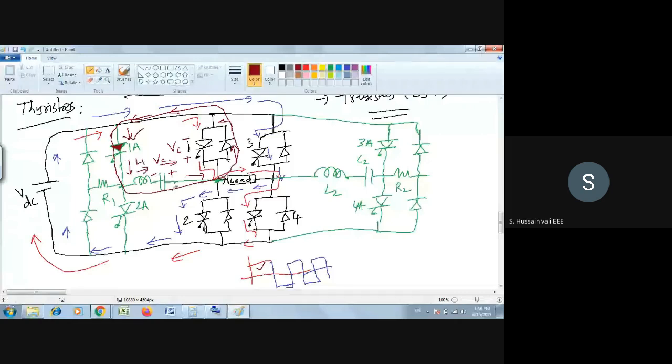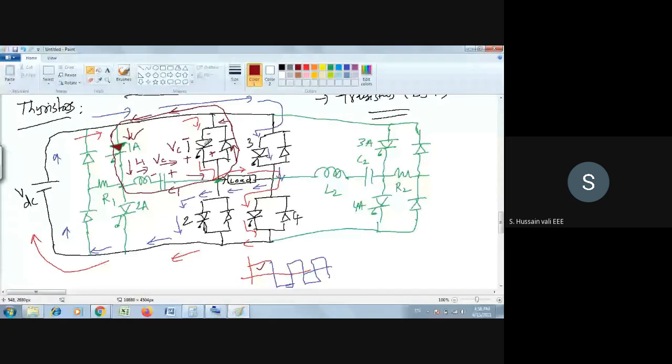Since the diode is conducting, you can take that the diode voltage will be applied across this thyristor. So a negative voltage appears across it, and that negative voltage will definitely turn off thyristor 1. This is how thyristor 1 is turned off.